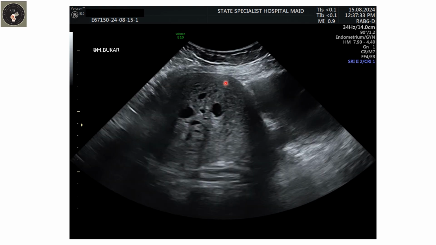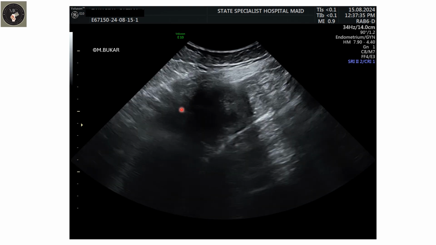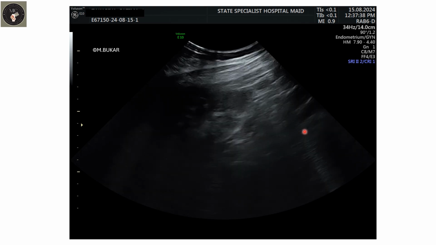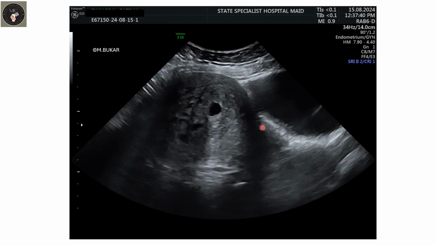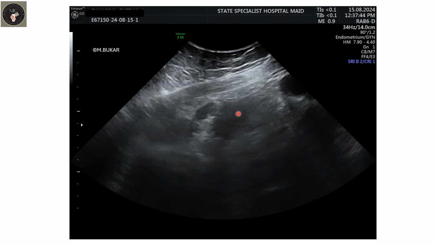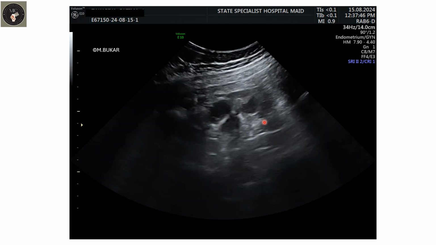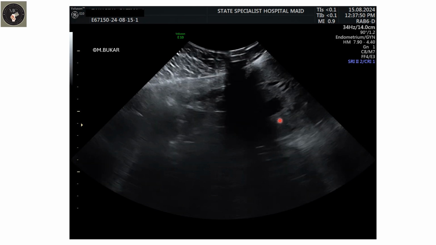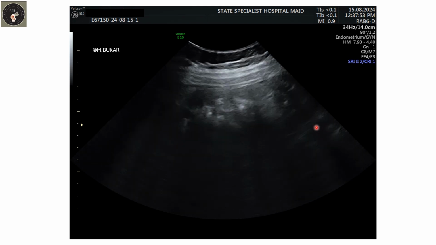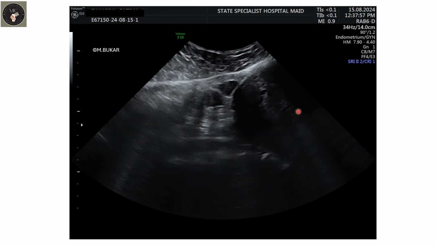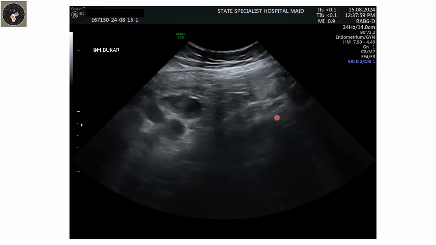Note the myometrium here. The difference in echogenicity between the myometrium and this lesion is actually a feature of degeneration in a uterine fibroid.